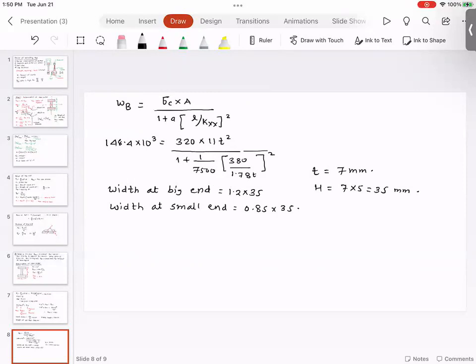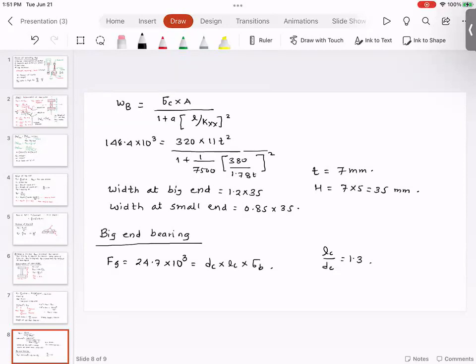Now the next part is big end bearing. So F, 24.7 times 10 to the power 3, is equal to dc times sigma B. And I'm going to assume lc by dc is equal to 1.3, which is the length to dia ratio.